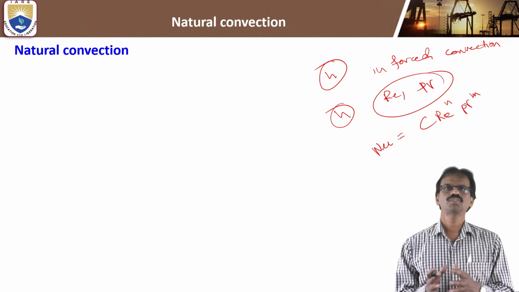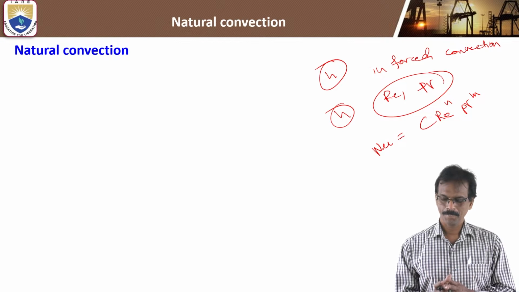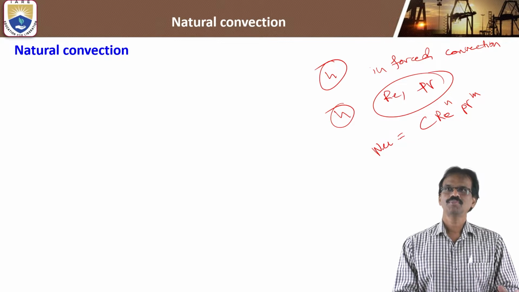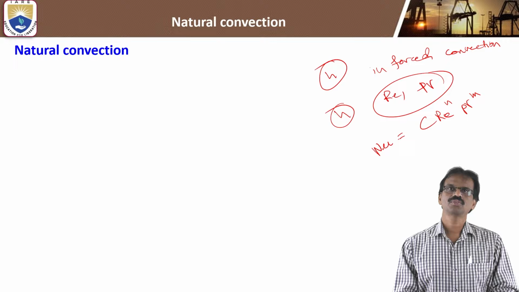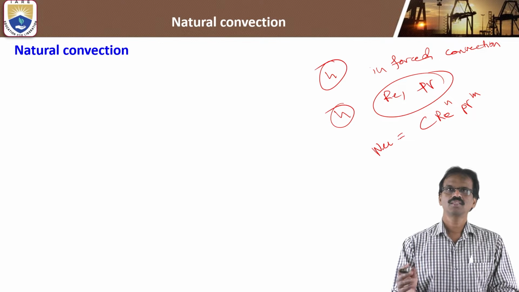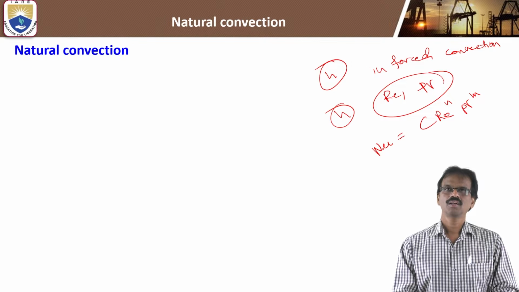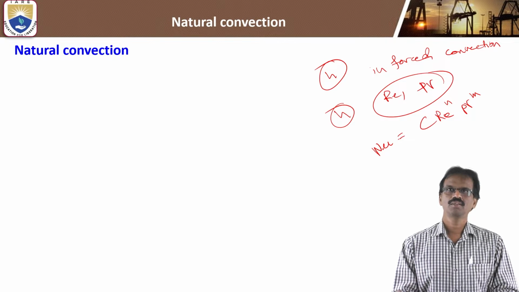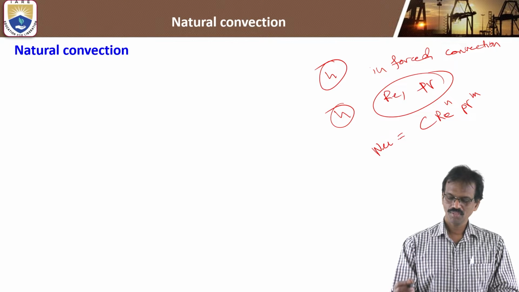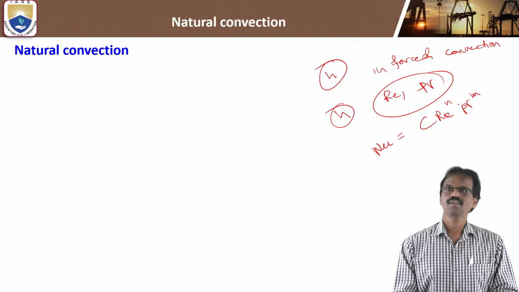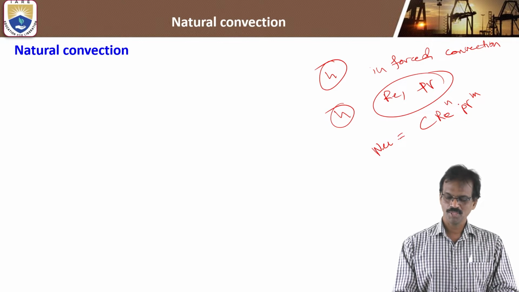It means that the fluid flows either over the solid surface, that is the outer flow, or in the inner tube, that is the inner flow. So based upon the flow, the C, n and m values depend upon the geometries.